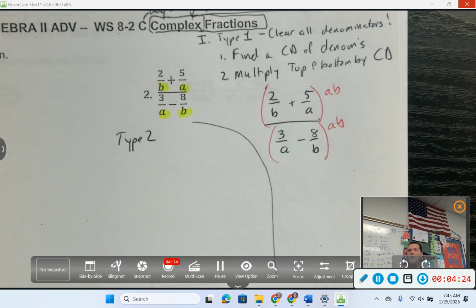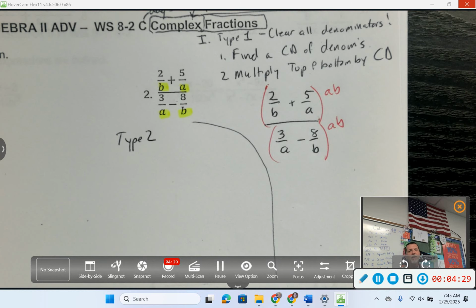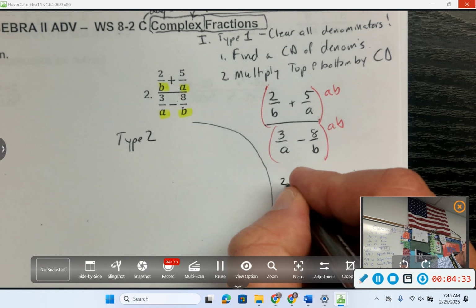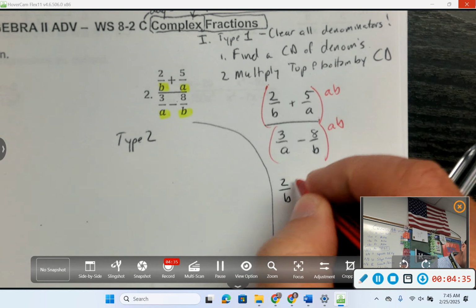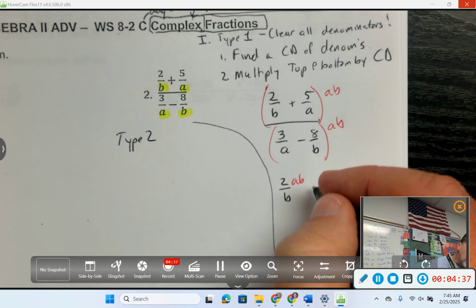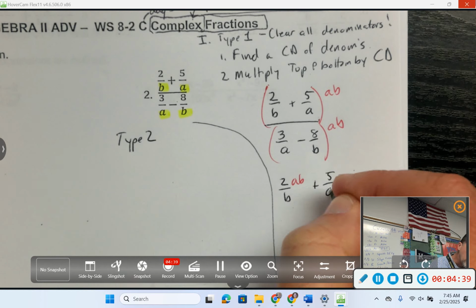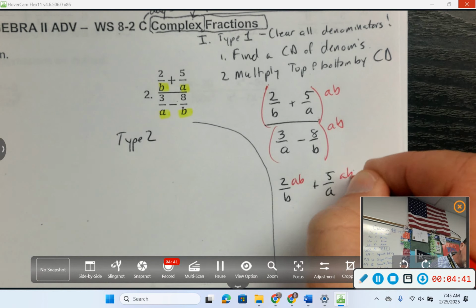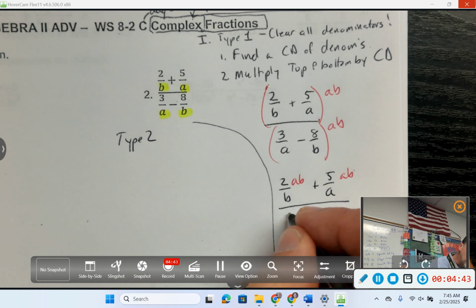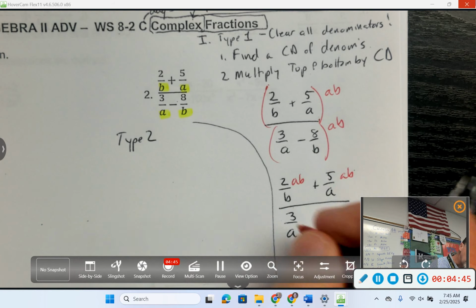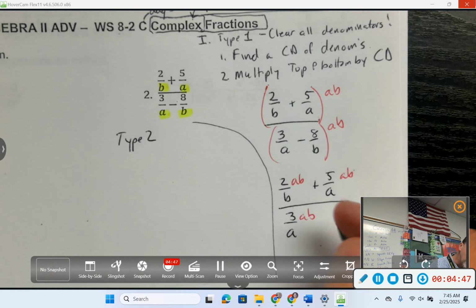First time through, I'm going to show all the work because this is the step that messes people up when they try this method. They're going to cancel wrong. So I'm going to show the steps. I'm going to put AB on everybody, even though once you do this a couple times, you're not going to do this. Don't really want you to do this, because it's really not the fastest if you do it like this.